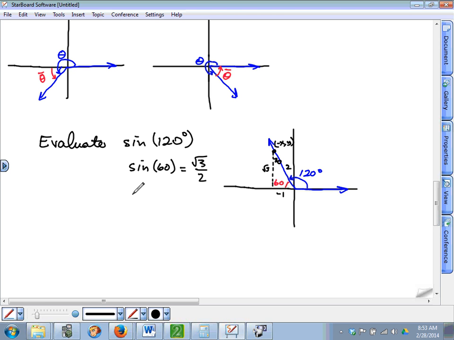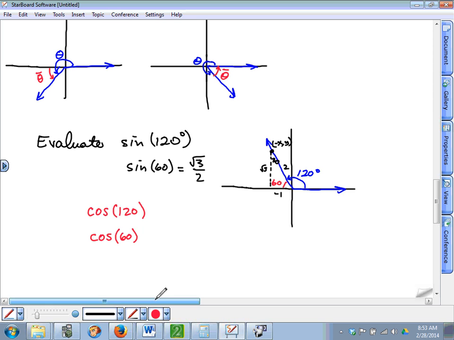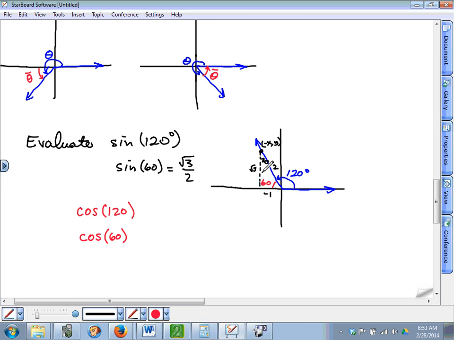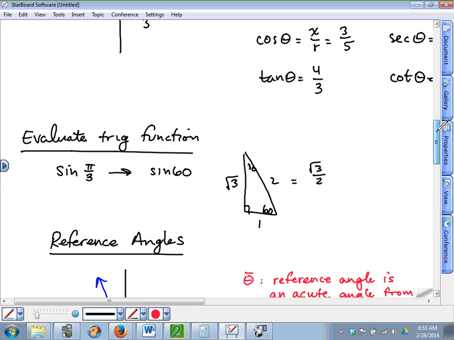Now, what if I had asked, though, for cosine? We've got to pay attention to this. What if I had asked for the cosine of 120? We can still use this same picture, and we can still make use of the reference angle. The cosine of 60. Now, before we make use of this special triangle, let me go back up to the one I drew right here.